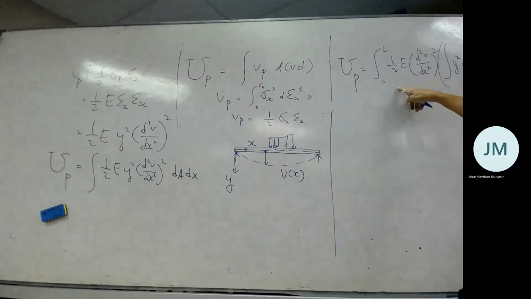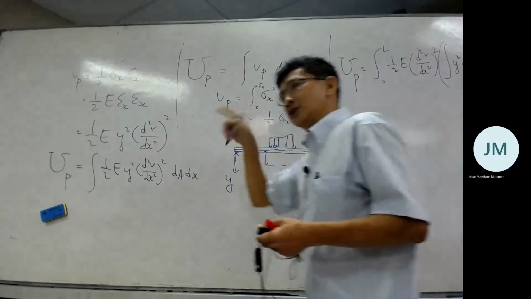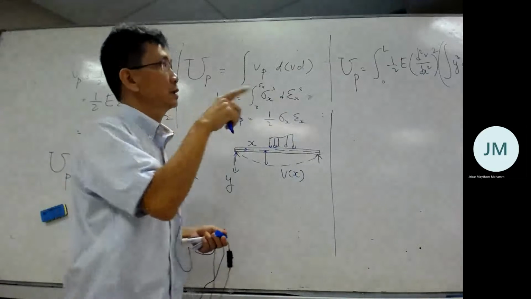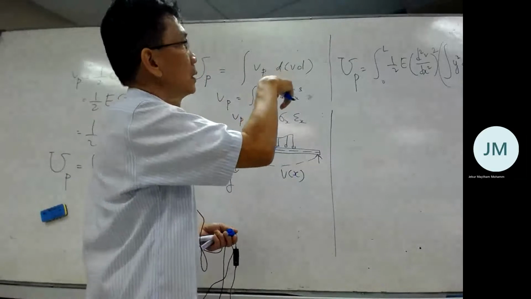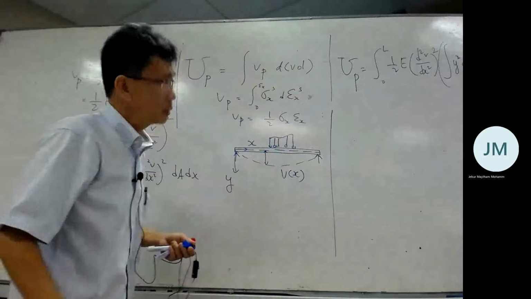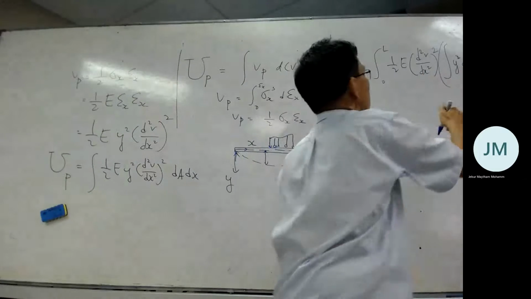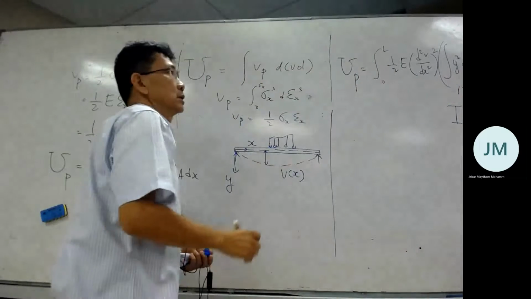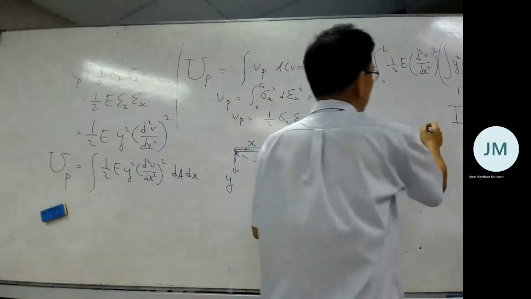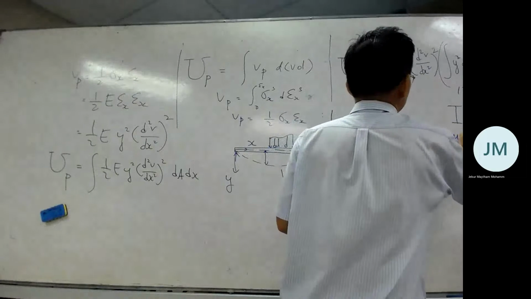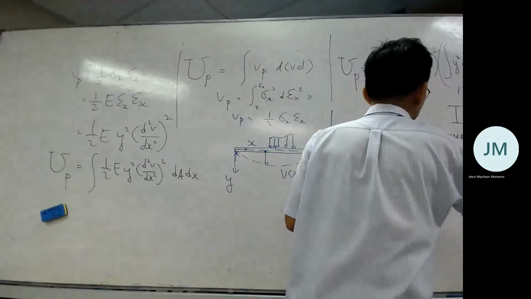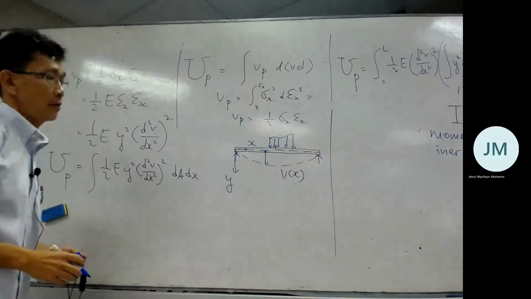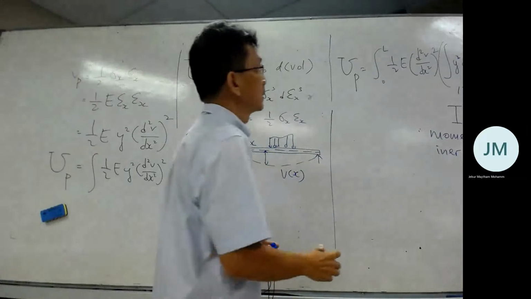The rest of this does not change over the cross section. Only y square is changing, so only y square remains when we integrate under dA. This is the classical definition of moment of inertia, I.